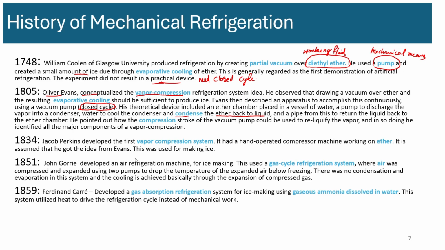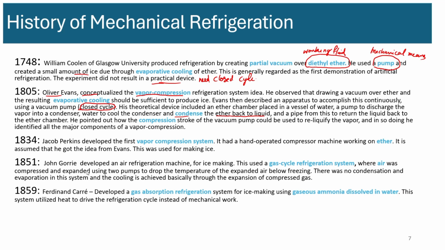A few years later, Jacob Perkins developed the first practical vapor compression system in 1834. It had a hand-operated compressor machine working on either, and it's also assumed that he got the idea from Evans. So a lot of people consider Jacob Perkins to be the father of modern refrigeration.